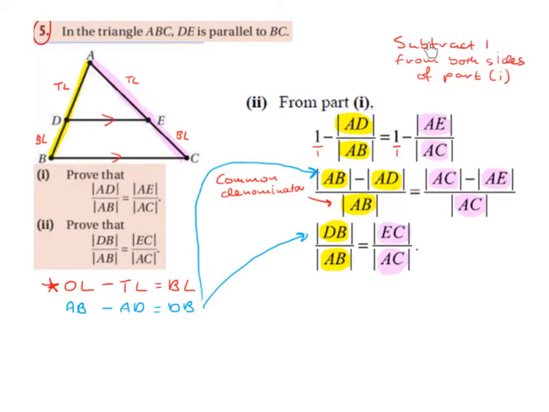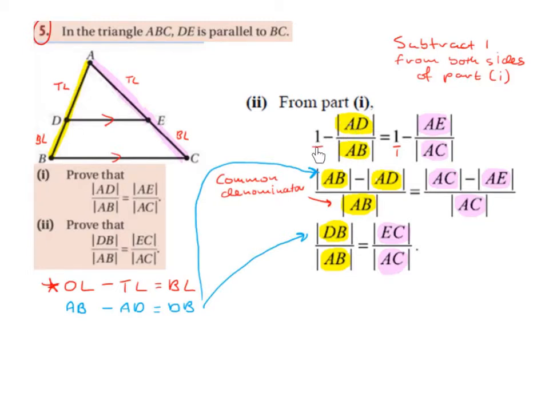We're going to subtract 1 from both sides, so we have 1 minus AD over AB is equal to 1 minus AE over AC. Again, I'm going to change 1 into 1 over 1 so that I have fractions. Now I want to work out 1 over 1 minus AD over AB.